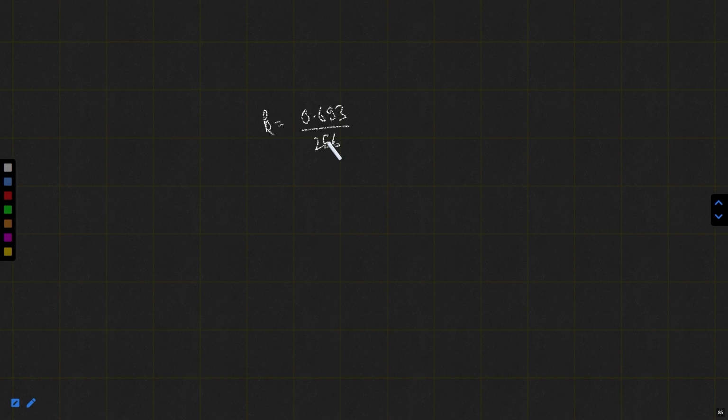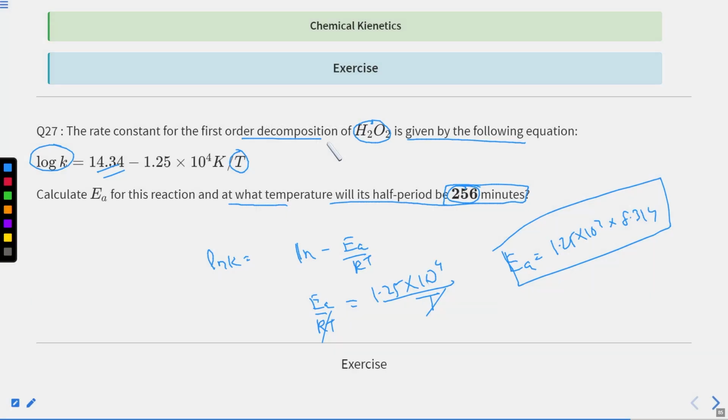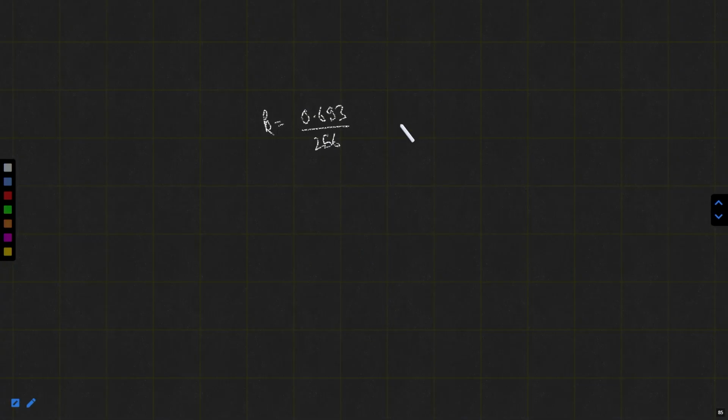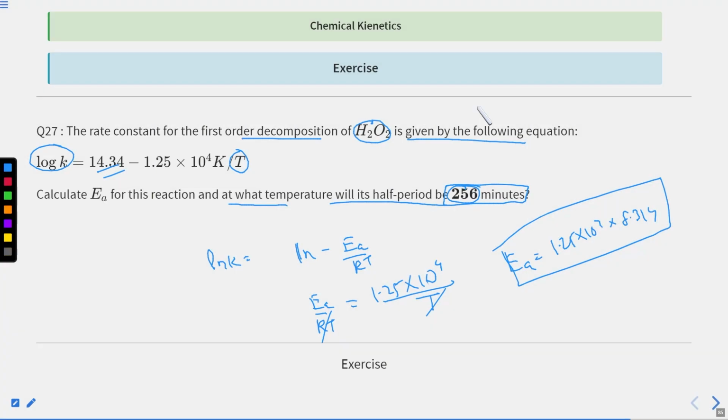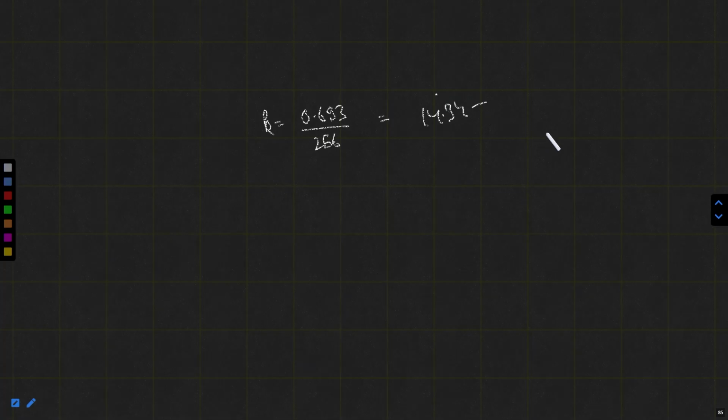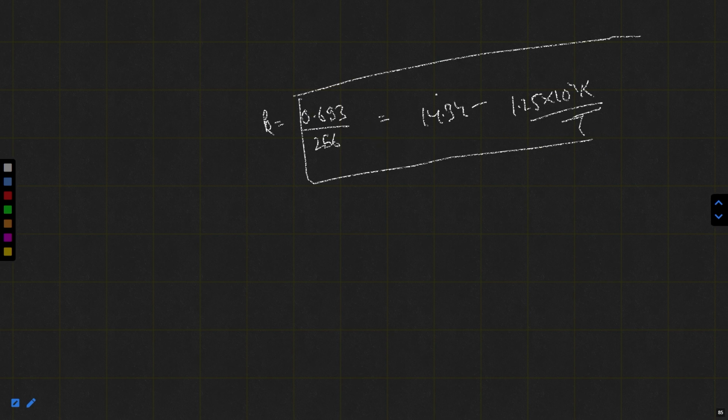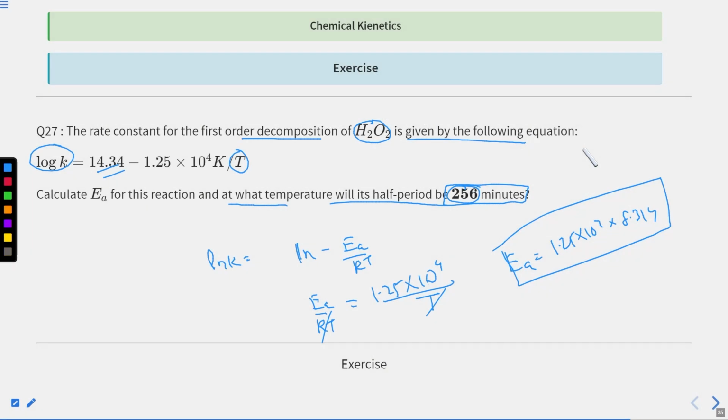Once we have this, you will equate it with ln A, whose value is given as 14.34, minus 1.25 into 10 to the power 4 Kelvin by T. You just solve this equation to get the value of T. Let us see the solution.